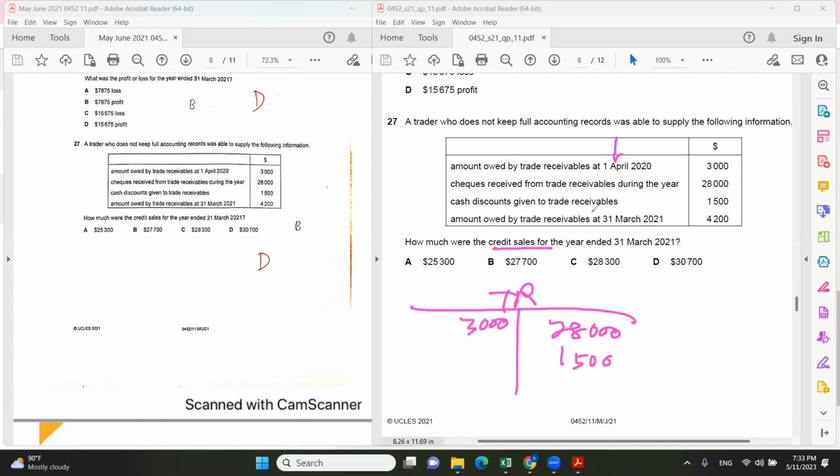Amount owed by the trade receivable at the end, this is the balance CD. Balance CD is sitting in here. So we want to find the credit sales. Take the total credit minus the debit. 28,000 plus 5,005 plus 4,200 minus 3,000. So we get 30,700. So the answer should be done. Okay, next up.